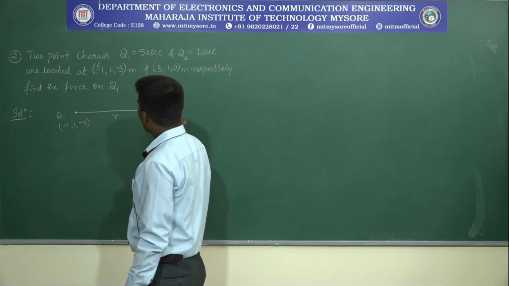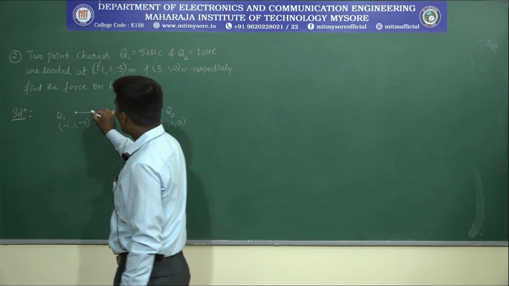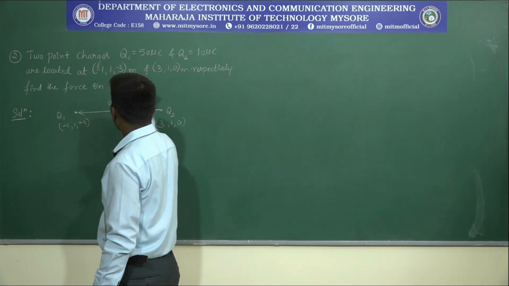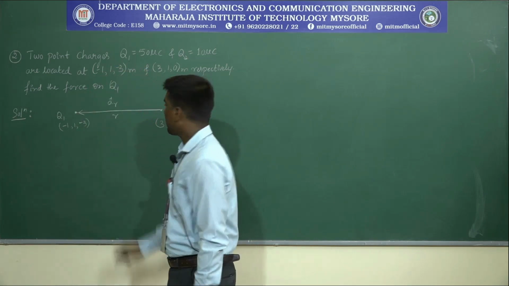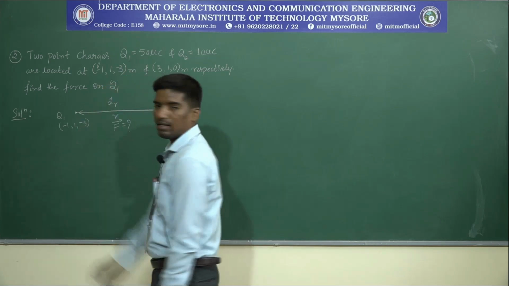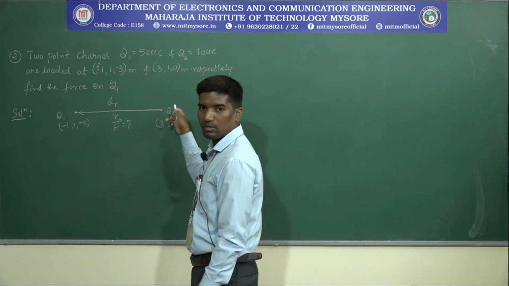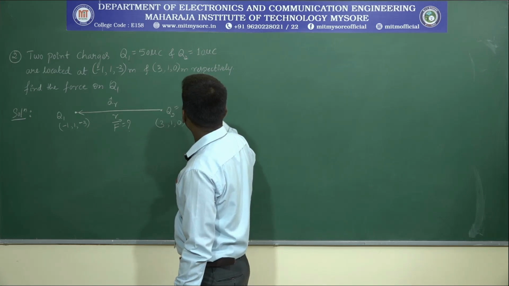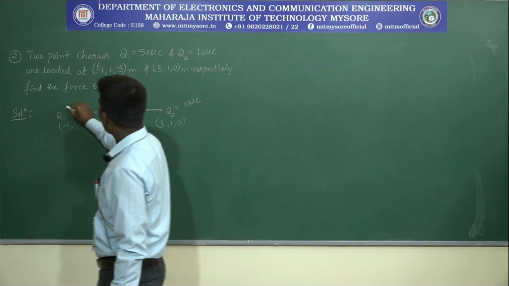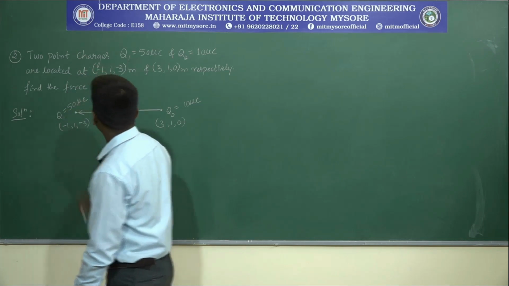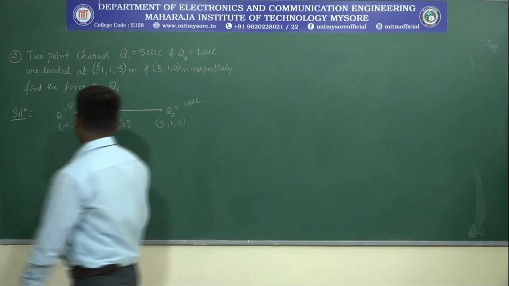Q2 is exerting force on Q1, hence the direction of the vector is towards Q1. A cap r is the unit vector. The force is unknown here, F to be calculated. In the previous case, Q2 was unknown. So Q2 is given by 10 microcoulomb. Here Q1 is given by 50 microcoulomb, right? So let me solve this.